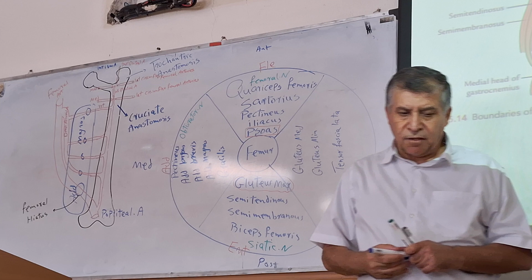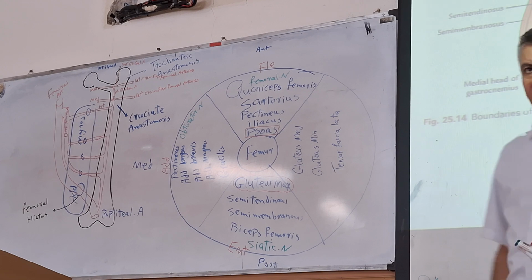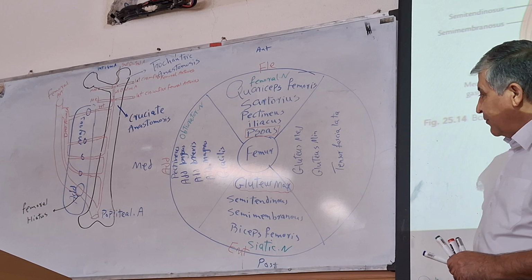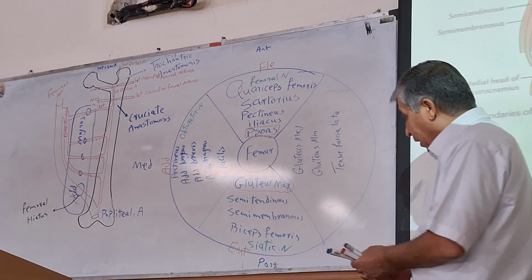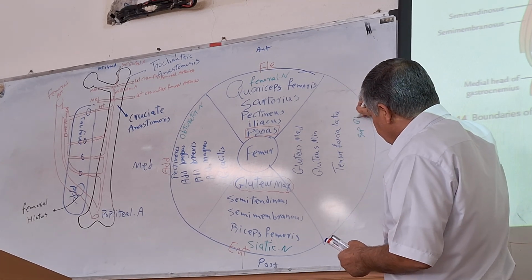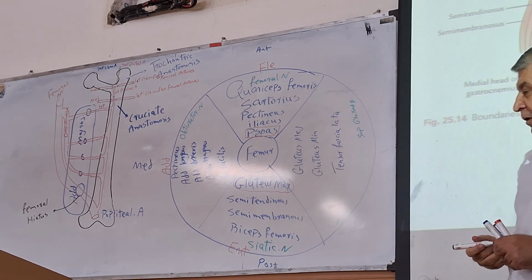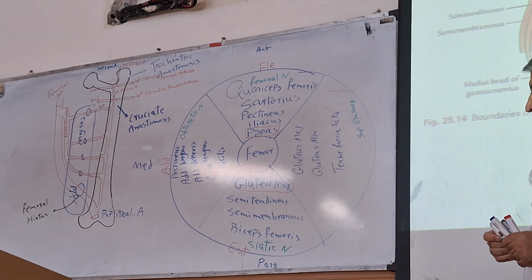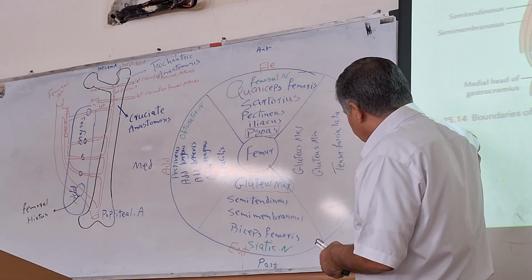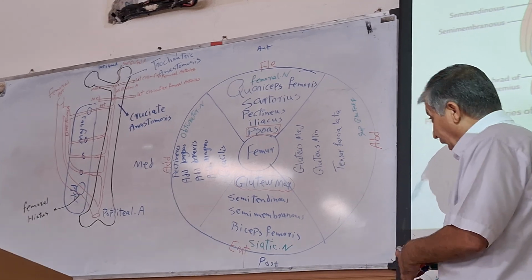Tensor fascia lata attaches to the iliotibial tract. All of them are innervated by the superior gluteal nerve, and the function of all of them is abduction.